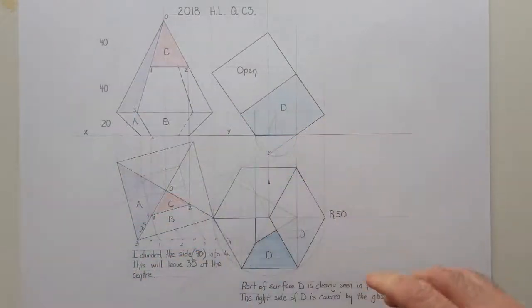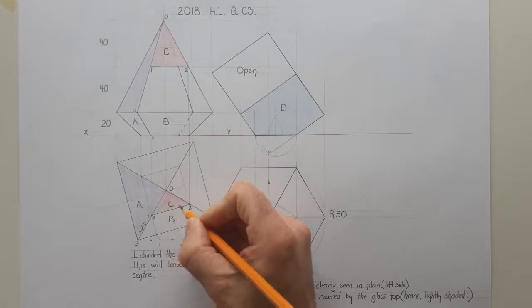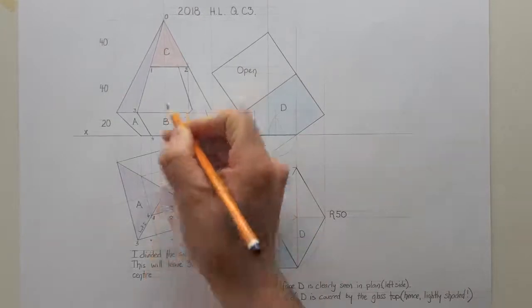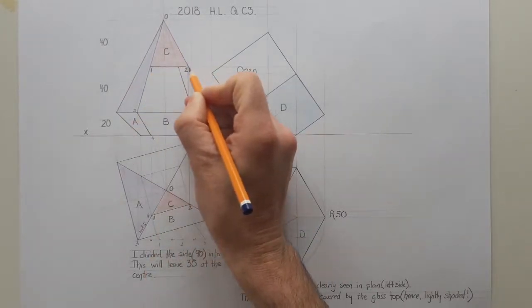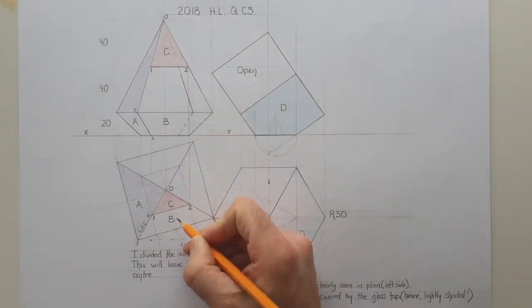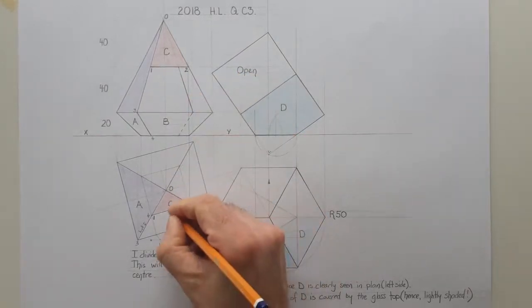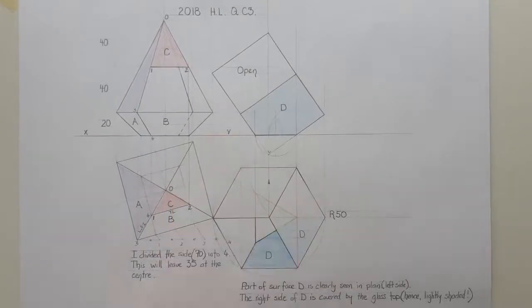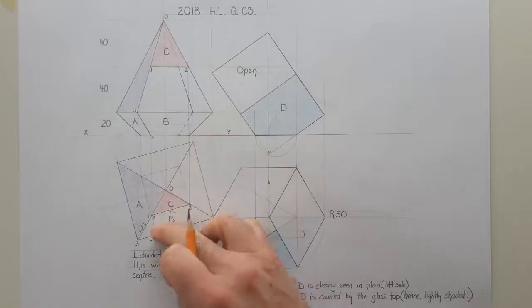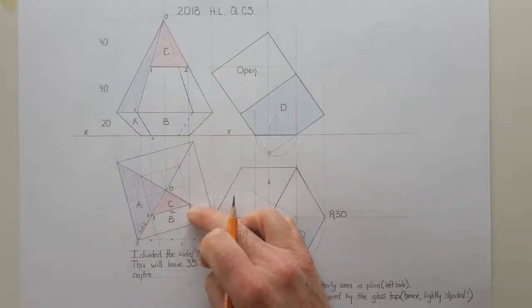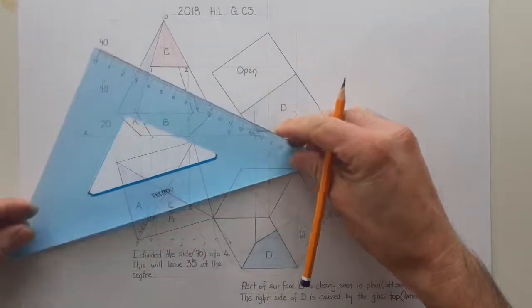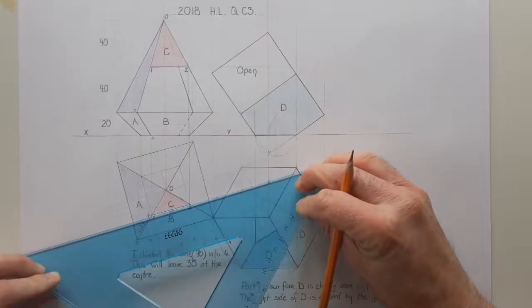All right, so if I look at the front elevation, the line 1, 2 is a horizontal line. So I know that in the plan, the line 1, 2 is a true length line. Because the line is a true length line, I can use that as my hinge edge to rotate that surface out this way.